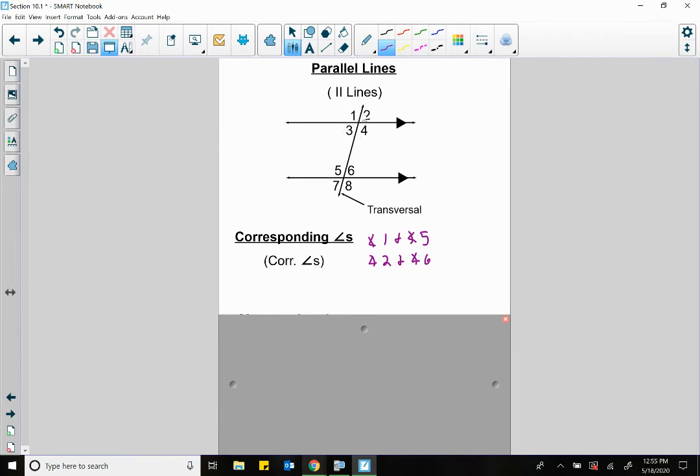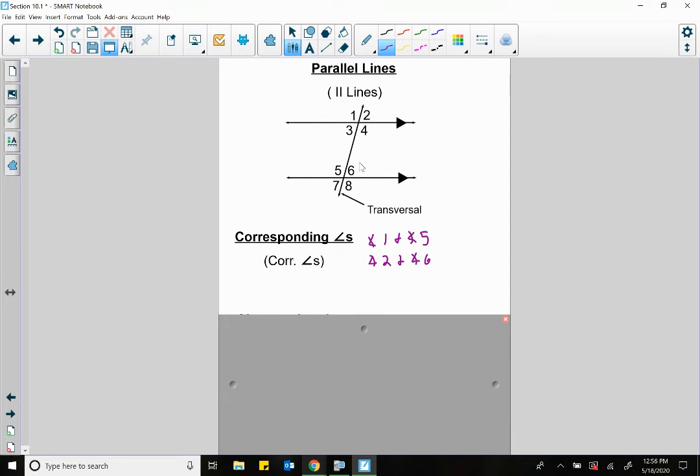When I look at these, I think of these as a group of 4, and these as a group of 4. Angle 1 is in the top left-hand position. Angle 5 is in the top left-hand position. Therefore, they are corresponding. They are in the same place. Top left, top left. If you look at 2 and 6, angle 2 is in the top right-hand position. Angle 6 is in the top right-hand position. Okay? So these are in the same spot.